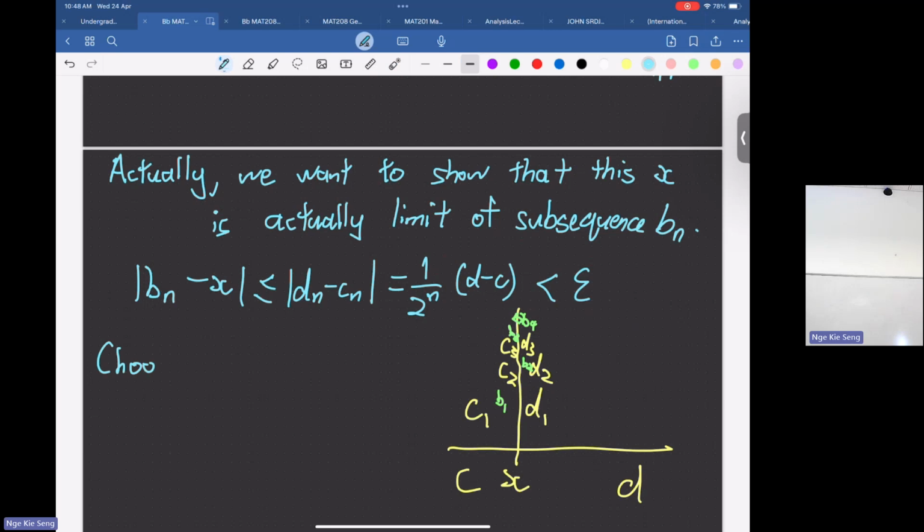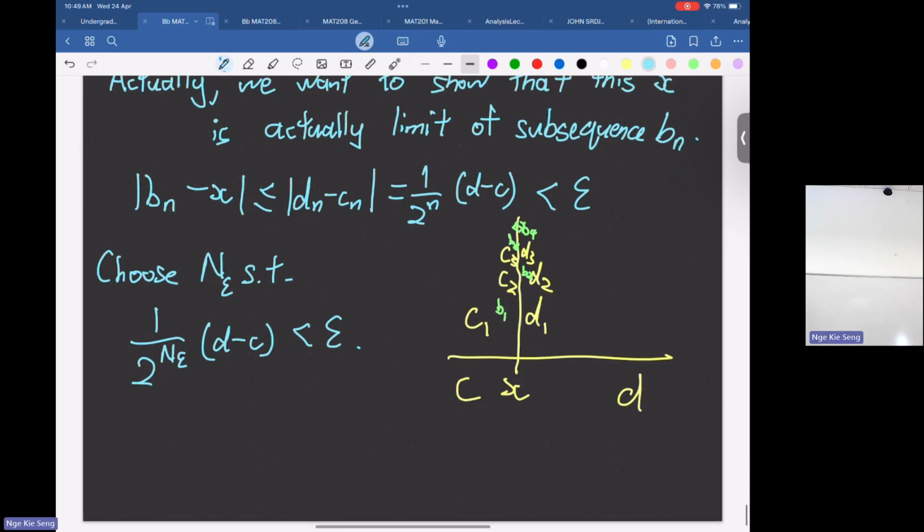So we just choose n such that (d minus c) over 2^n is less than epsilon.